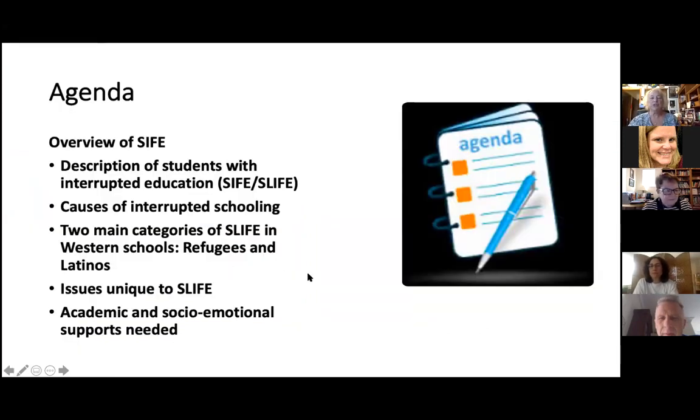Okay, so this is our agenda for tonight. We are going to be interchangeably using SIFE and SLIFE, and we'll talk about what those two words mean in just a minute. I see from the chat that almost all of you are ESL teachers, so I'm assuming this is not a new term for you. But we're going to talk about who those students are, what are the causes of their interrupted schooling, the two main groups of students who are SLIFE in Western schools, and they would be our refugees and our Latino students.